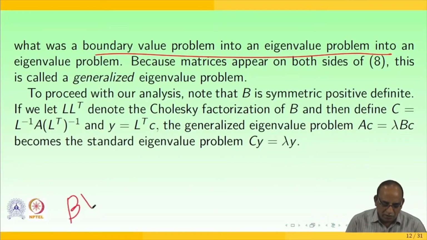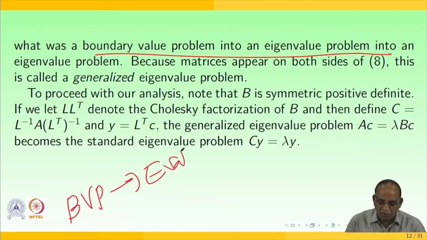So how is the BVP converted into an eigenvalue problem? Because matrices appear on both sides of 8, this is called a generalized eigenvalue problem. The reason the boundary value problem is converted into the eigenvalue problem is to reduce the matrix size and to get sparse matrices.